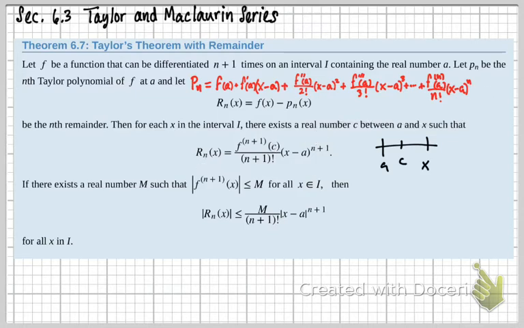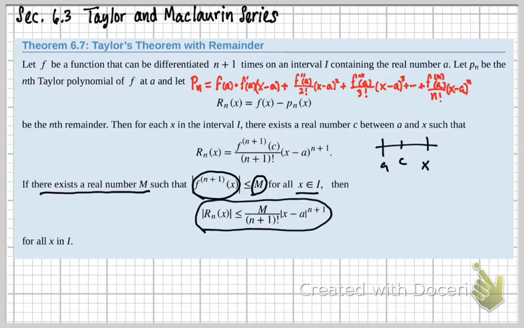So now, if there exists a real number m such that the n plus 1 derivative of f can be bounded by that number for all x in I, then I can actually find an error that Rn is smaller than. So that remainder can be bounded by some number, and that's what we're going to find.